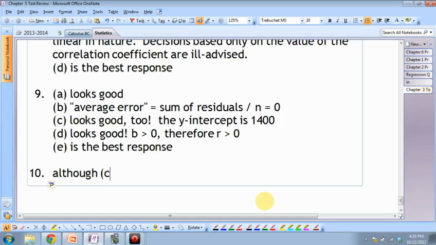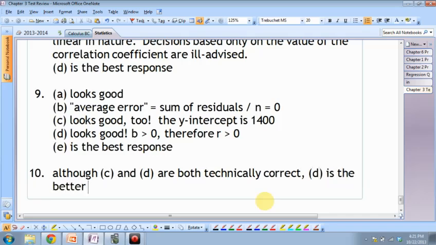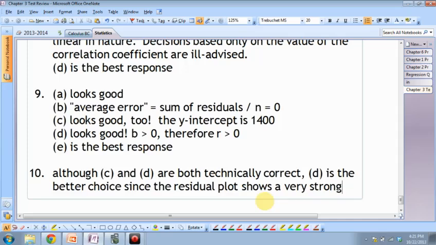Although C and D are both technically correct, D is the better choice, since the residual plot shows a very strong curved pattern.